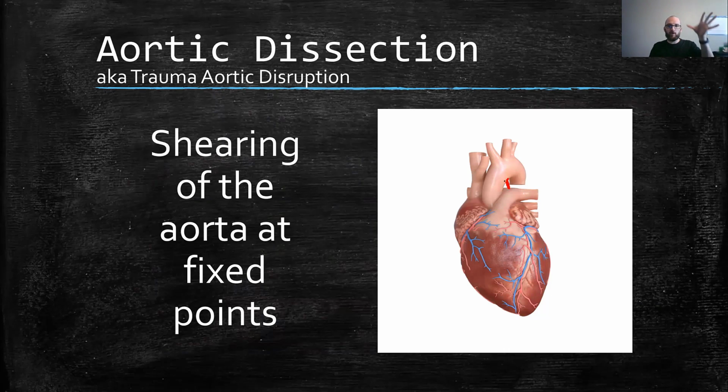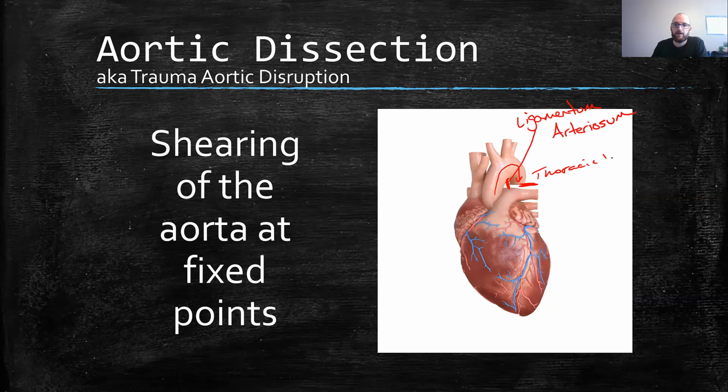After we're born and that blood vessel closes off, there's still a little bit of tissue there called the ligamentum arteriosum. Right? So that can be a site that can cause the shearing of the aorta. Once we move into the descending aorta, there's the anchor spot for the aorta to the thoracic wall.